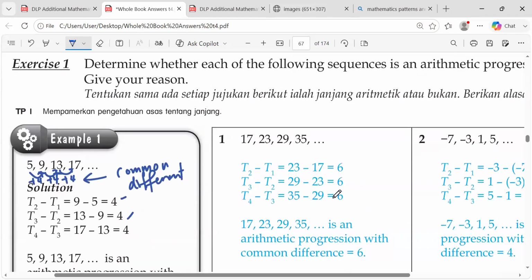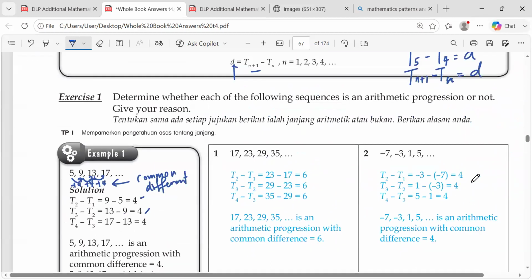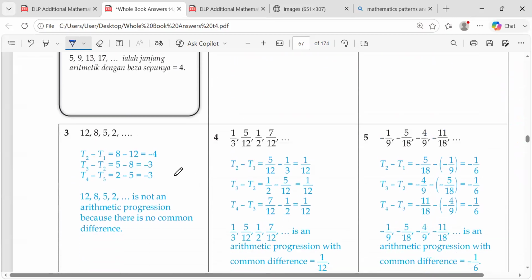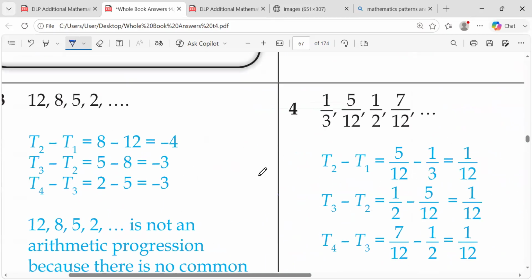So let's check this one. The second term minus the first term, I get -4. The third term minus the second term, I get -3. The fourth term minus the term before, I get -3. So the differences are different.